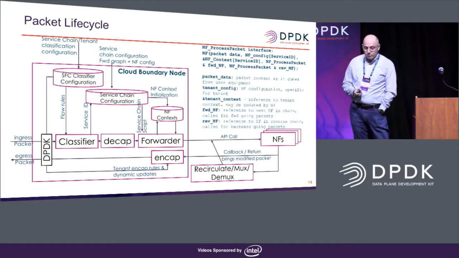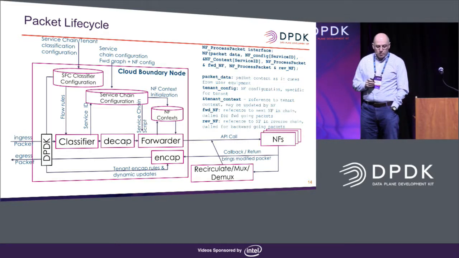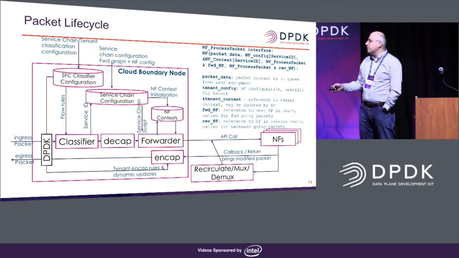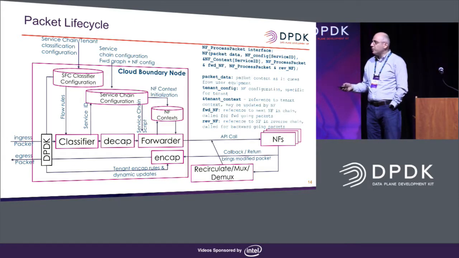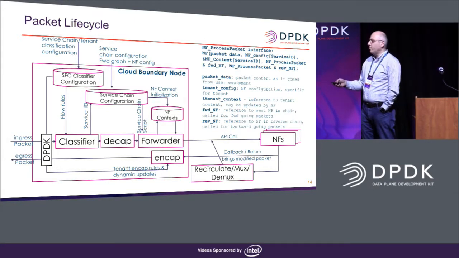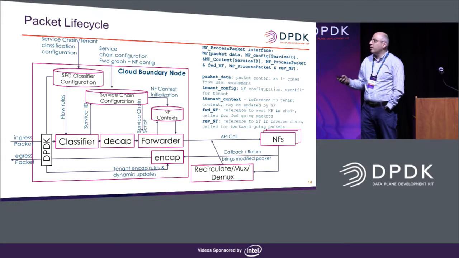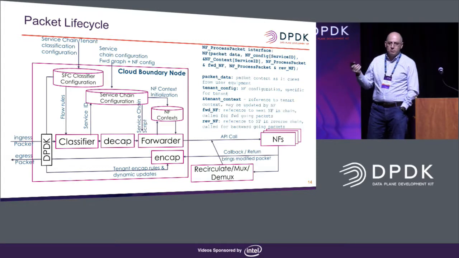So this is the structure of a cloud boundary node. There is an ingress and egress coming from and to the boundary node. There are 3 databases involved. One is the classifier, which helps you classify the packet for slicing, for example, per tenant, or for policing, whatever you want to do later. The second one is the service chain configuration, which allows you to add in the context for the next call what the next function is that this packet needs to be sent to.